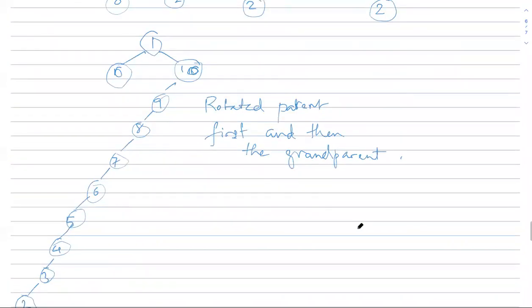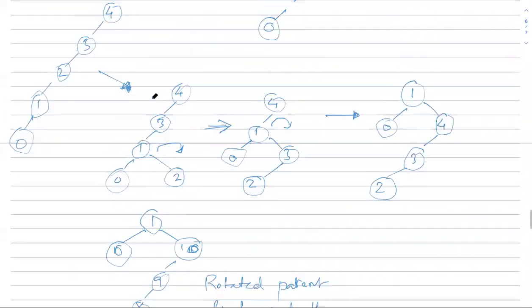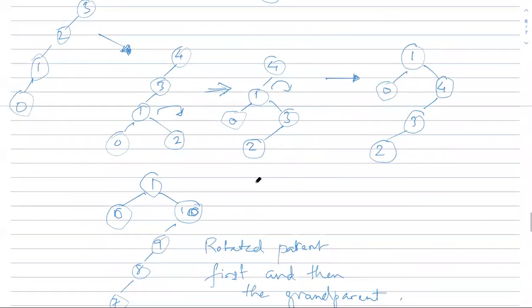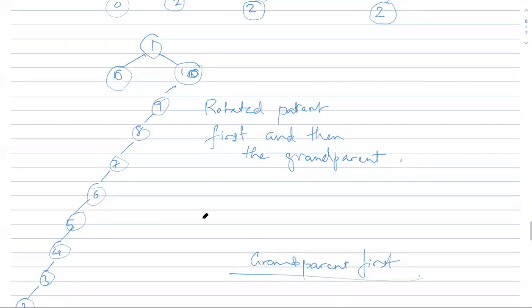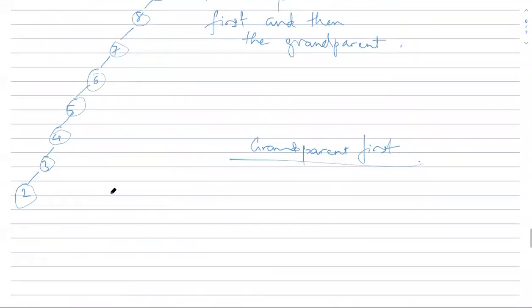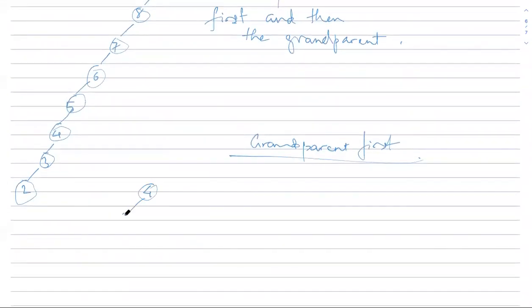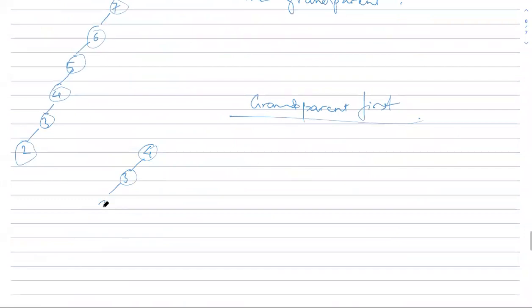Let's look at the situation when we rotate the grandparent first. So we start with the same configuration, which is 4, 3, 2, 1, 0.